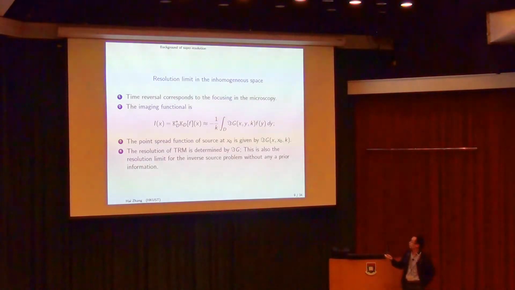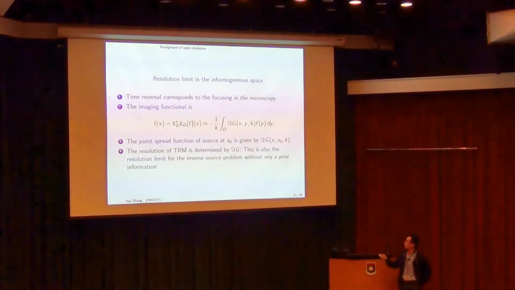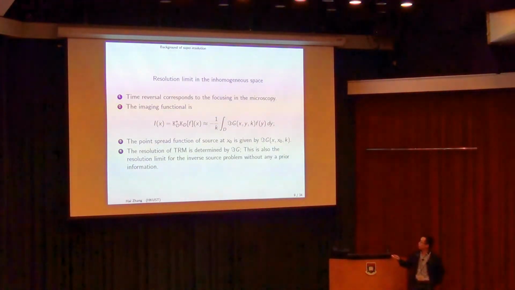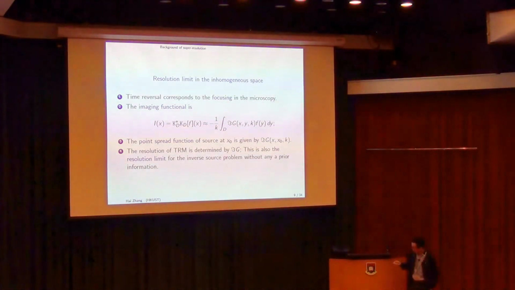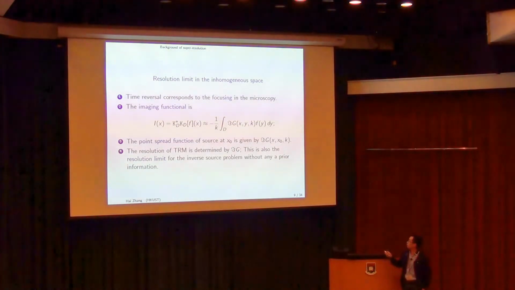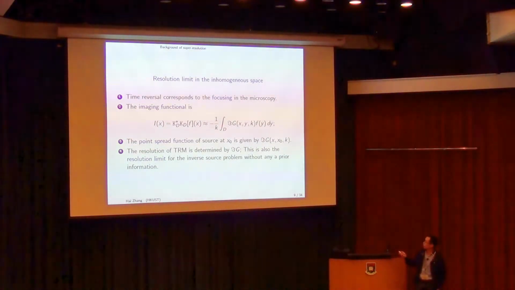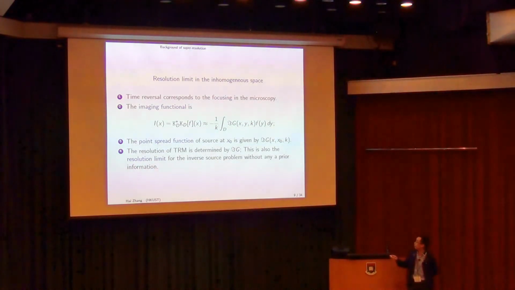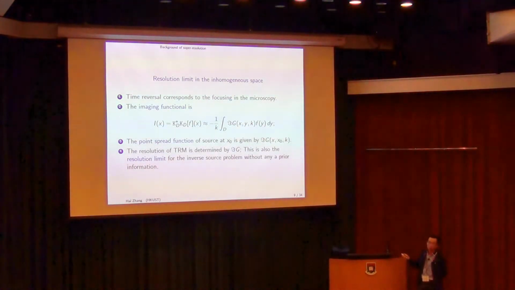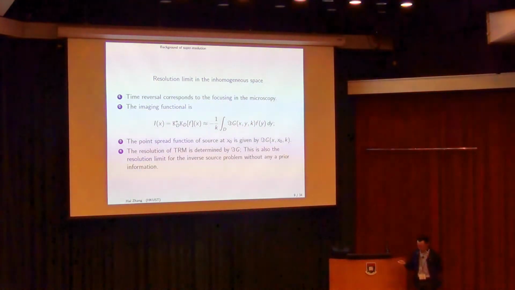If we work with this adjoint operator closely, we can see that the imaging functional is actually given by this formula, which is the convolution of the imaginary part of the Green's function for the medium and the source distribution. If we take this f to be a point source, we obtain the point spread function of the imaging function, which is given by the imaginary part of the Green's function.